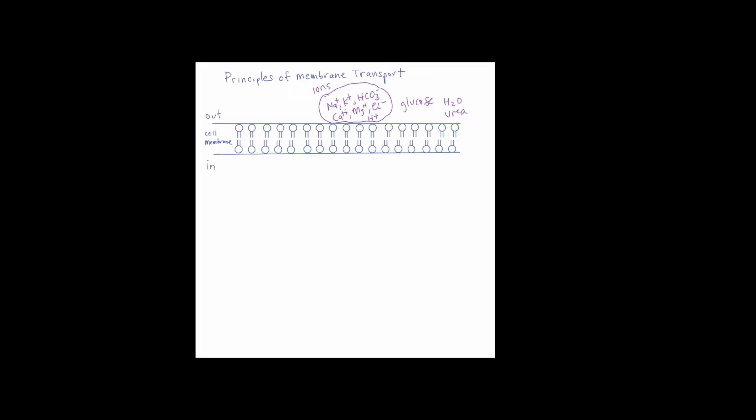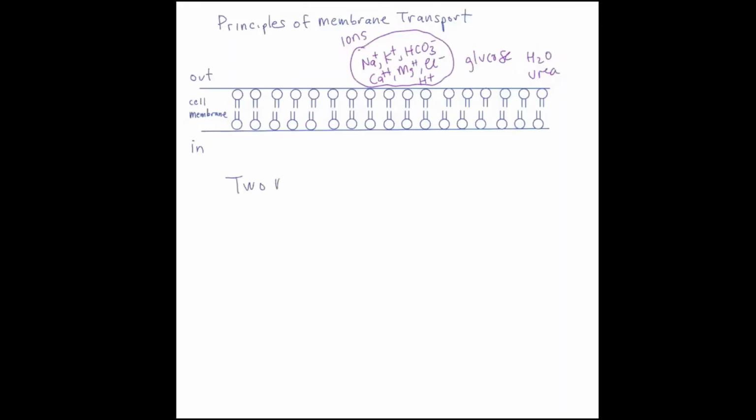What we're going to focus on is two important classes of proteins that are going to help us get these molecules across. Let's start first with carrier proteins. What we can start thinking about with carrier proteins is carriers are really transporters. We often use the word transporters for these.